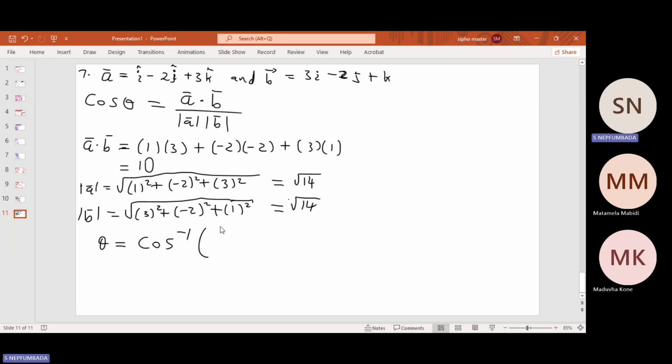Our dot product is 10 divided by square root of 14 multiplied by square root of 14. Then our theta is equal to what? 44.42 degrees. 44.42 degrees.